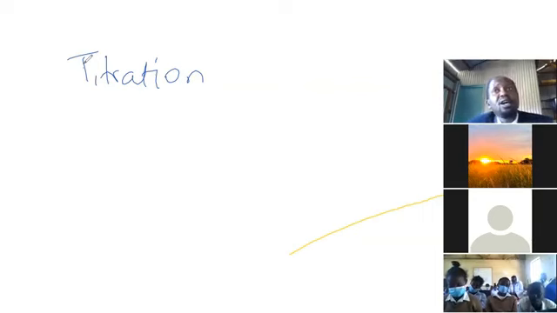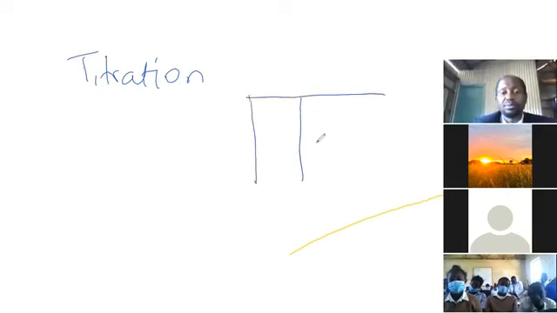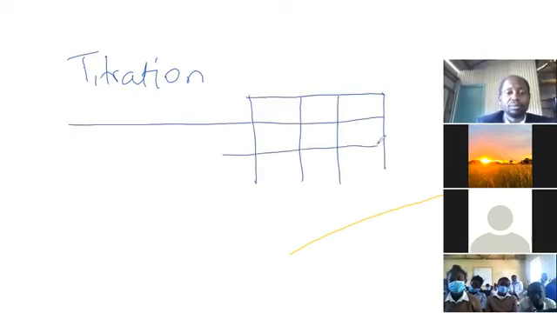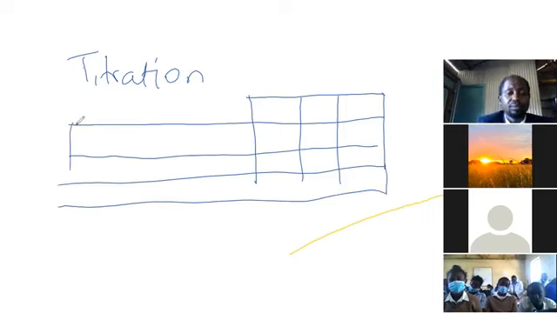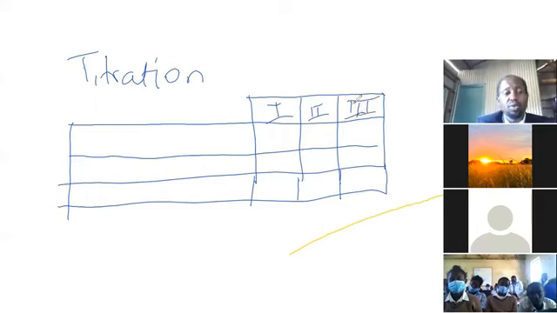So that said, after you perform the titration, you will meet the titration table. So the titration table, which I'm sketching, has 3 titrations normally. The first row, final burette reading.